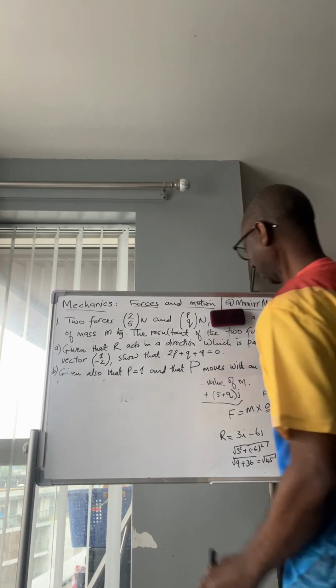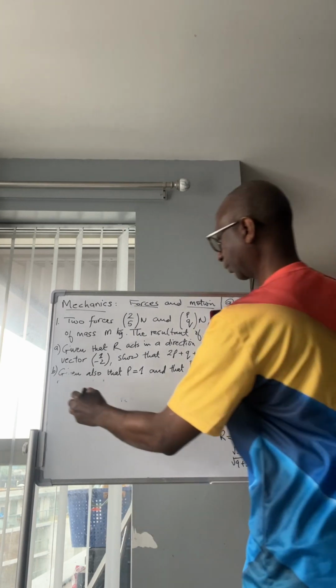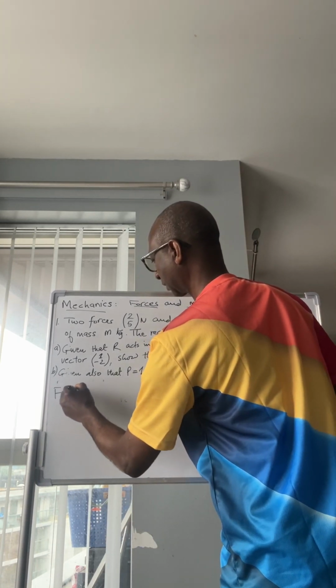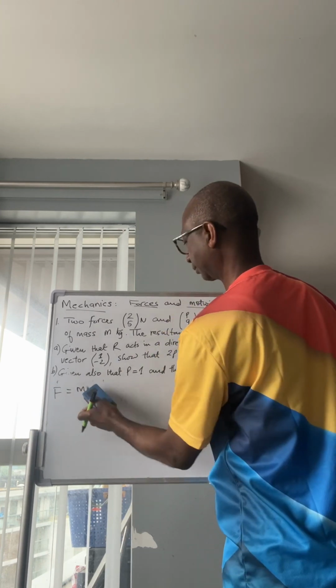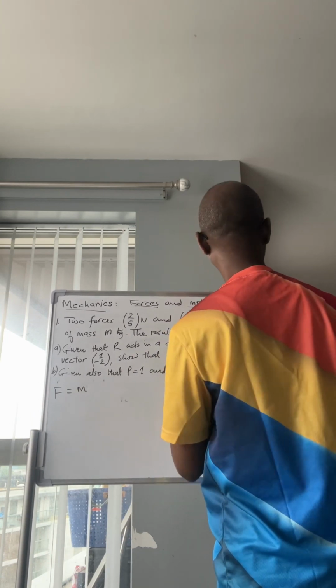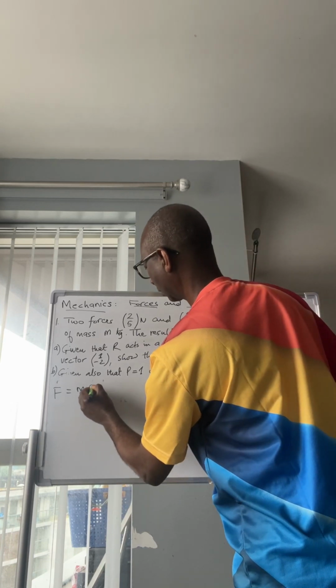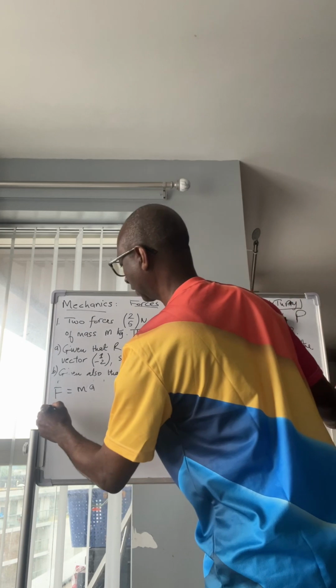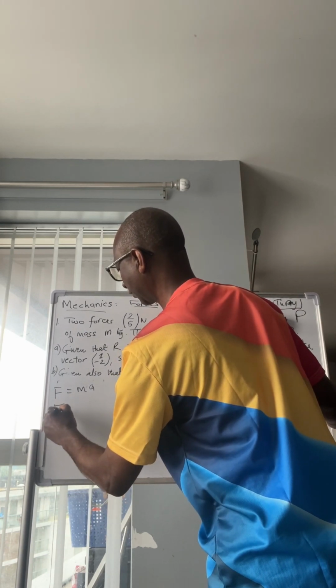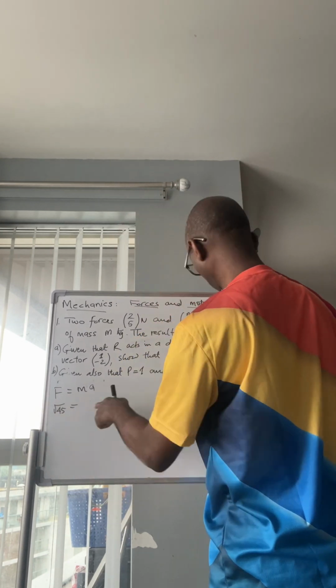So now we come to the figures. We have force equals ma, mass times acceleration. Now the force is root 45 newtons. The mass, we don't know.